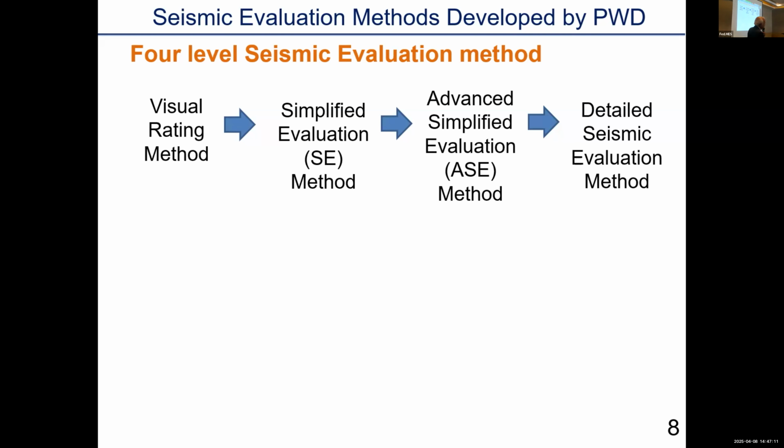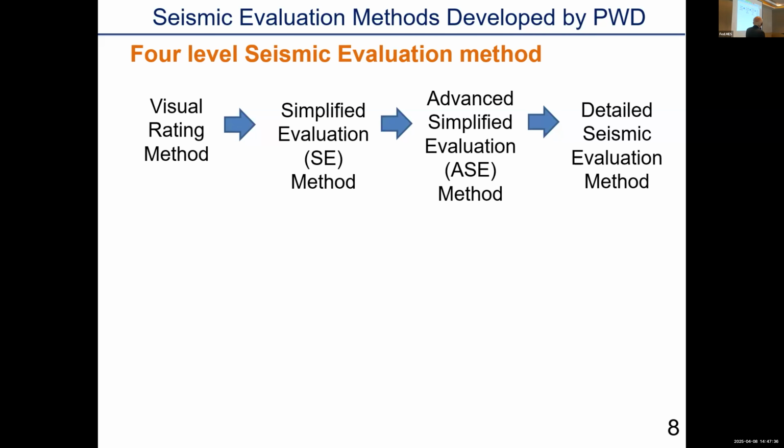Originally, these 3 were not there; we could only develop the detailed seismic evaluation method first. And when we started implementing that standard, we found that we don't find any drawings of the existing buildings, no data available. So how to evaluate without any data?